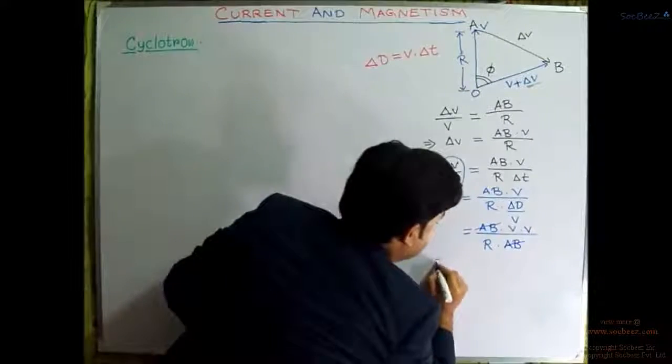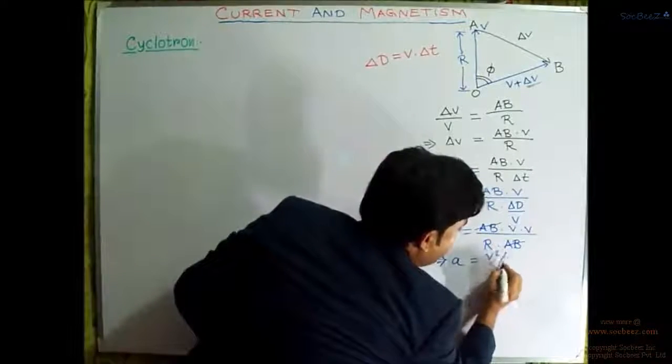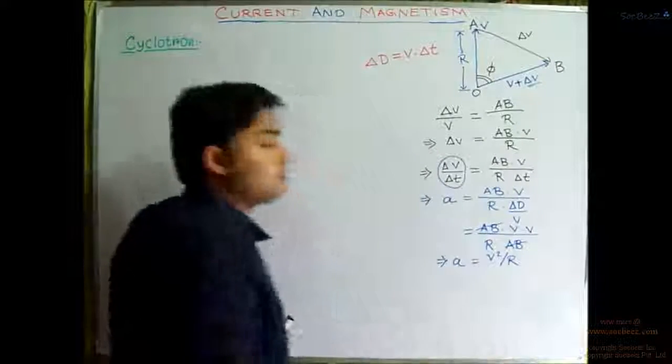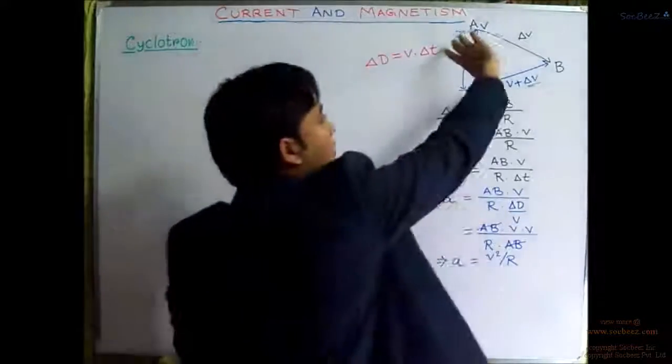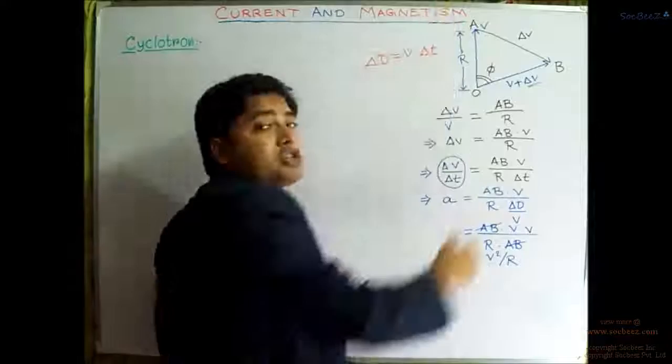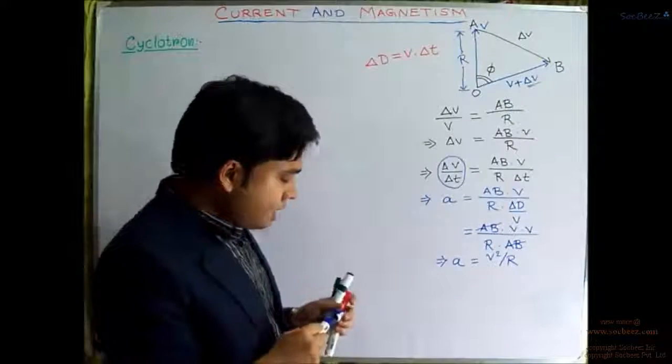So actually the acceleration comes out to be V square divided by R, where R is the radius, as I said earlier, that this is like in a rotational motion or in rotational dynamics, right?